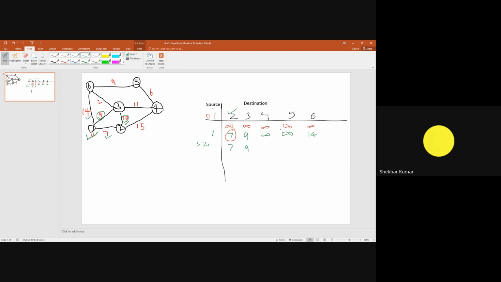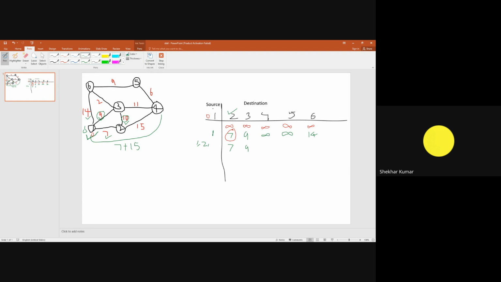Then 4. Yes, now it is possible to visit 4 from 2. So the cost will be 7 plus 15, because we are finding the shortest path from source, and our source is 1.